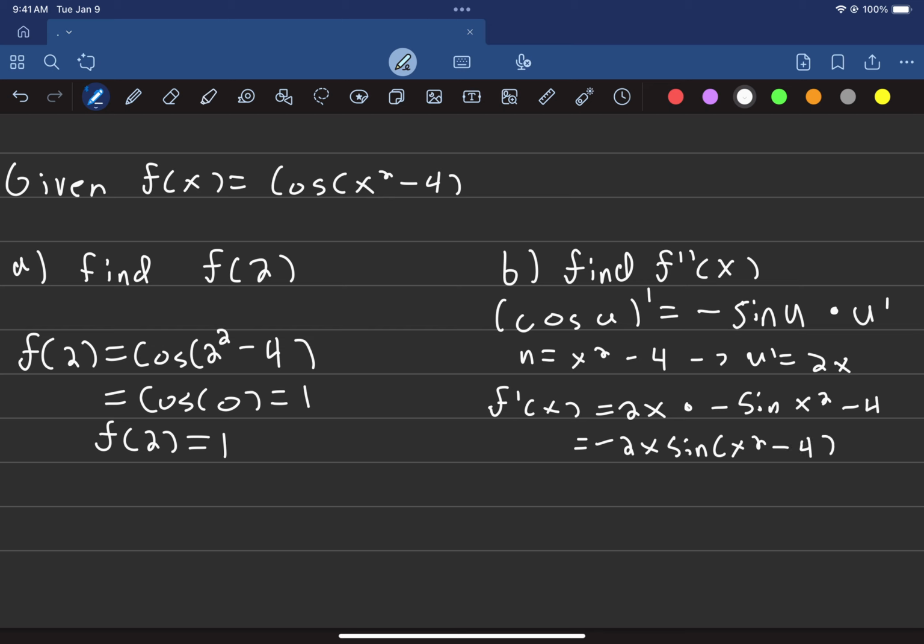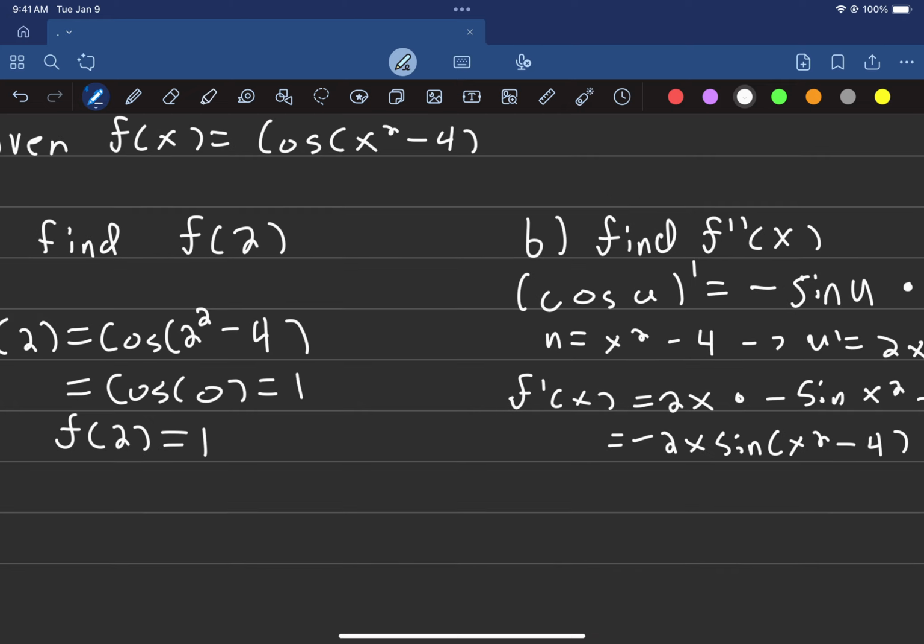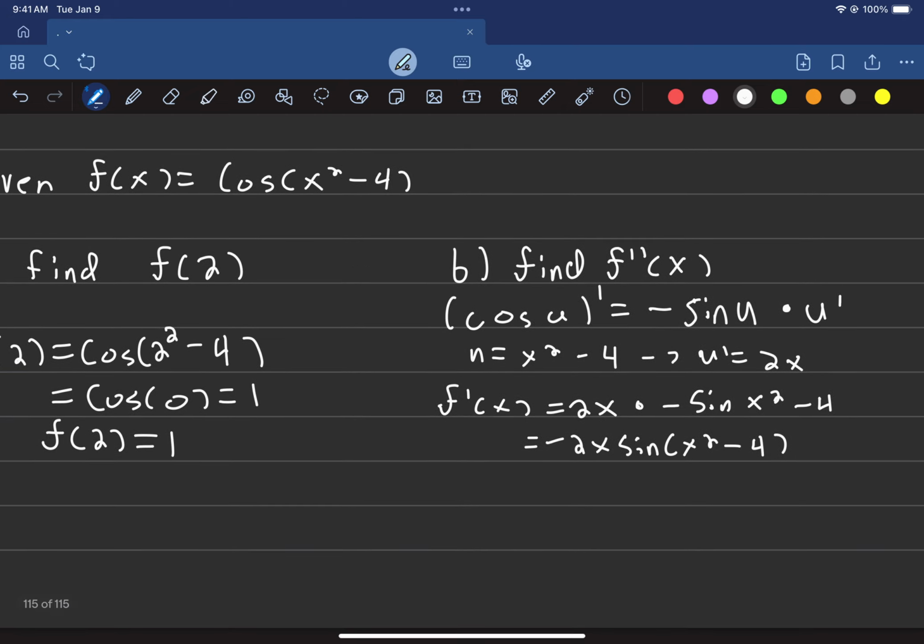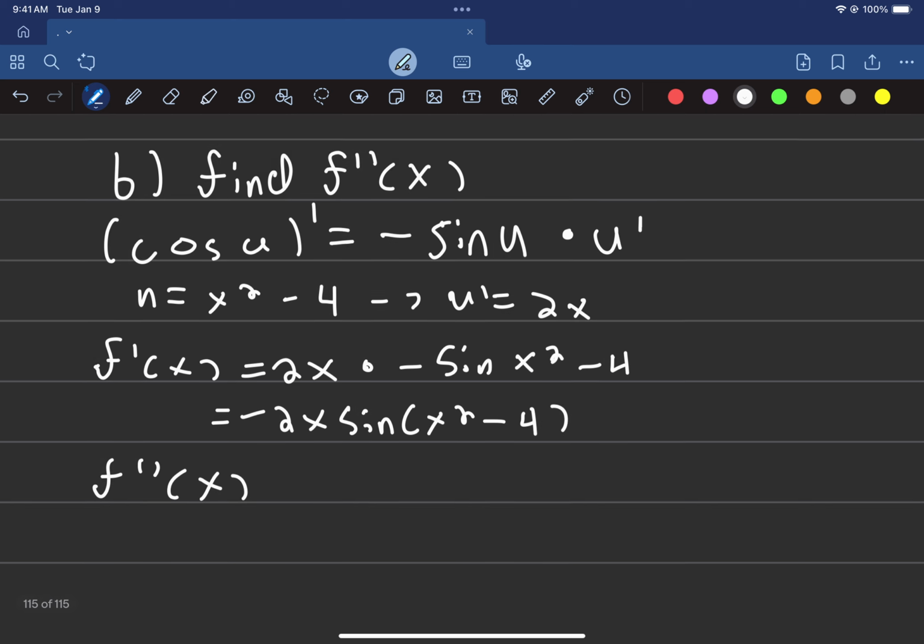Okay. And then next, we can find f double prime, the second derivative, and this is a product rule. So first we'll have to take the derivative of this part times the normal function of this, plus the derivative of this part times the regular part of that.